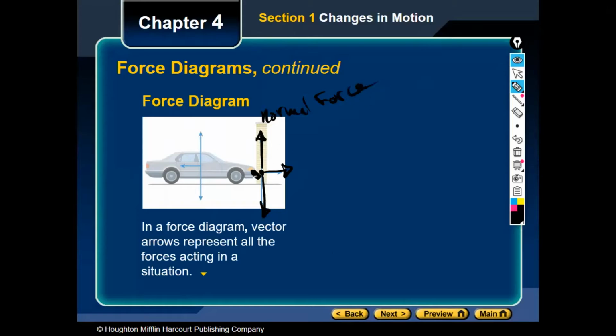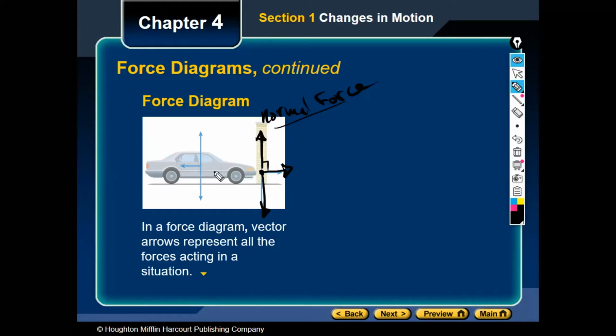The normal force, guys, every time will be perpendicular to the surface, and we will understand more about the normal force in Newton's third law. Like gravity pulls down the wall, the surface will also exert a force up on this wall. It's called the normal force. That is all the forces exerted on the wall.